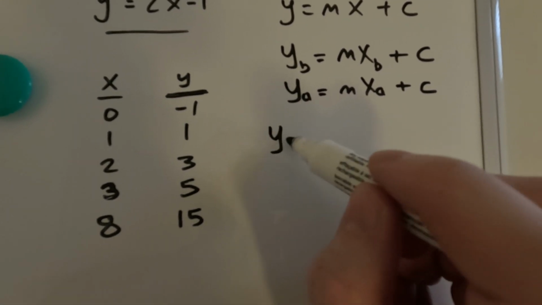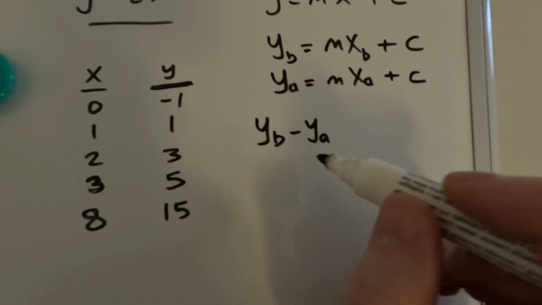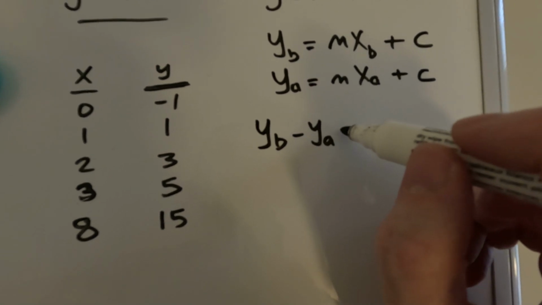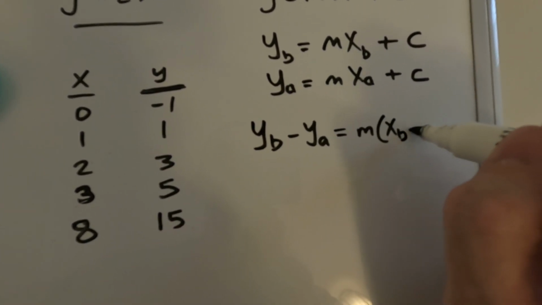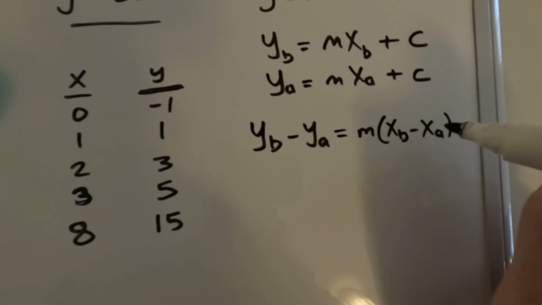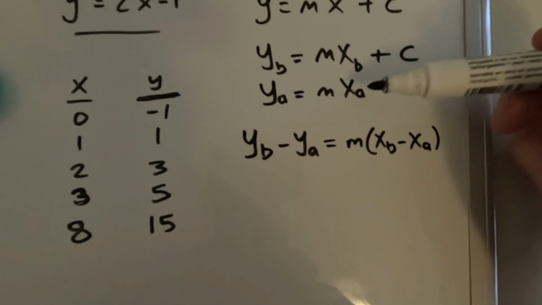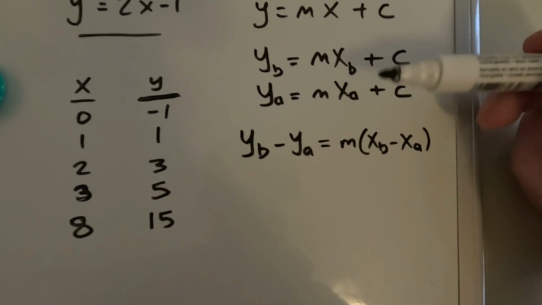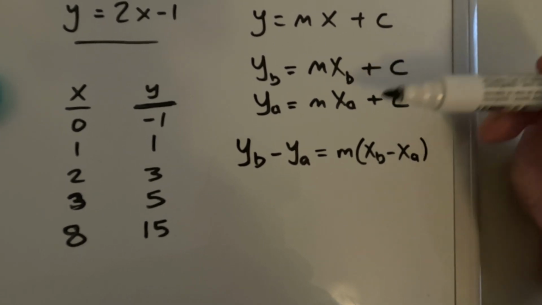So we take yb minus ya, because that's the change in y. Okay? And what does that equal? Well, that's just equal to m times xb minus xa. I'll do it a little bit quicker this time. The c's cancel, obviously. So it's this minus this. If you've ever done simultaneous equations, if you've got a number on the top and the bottom, then they just cancel out.